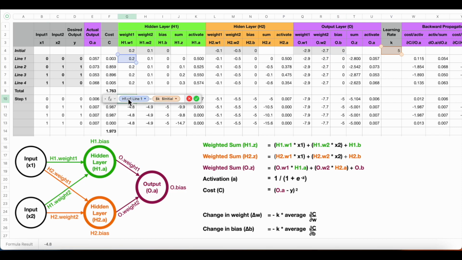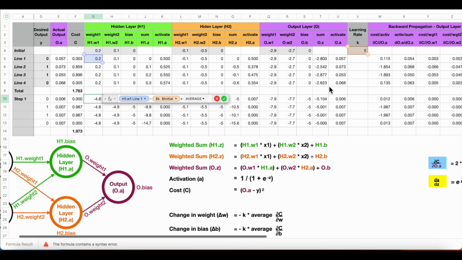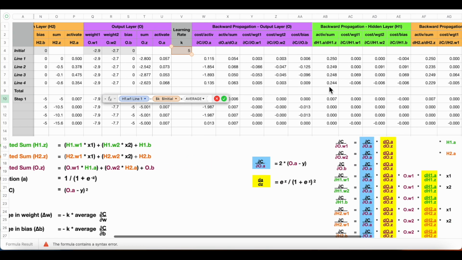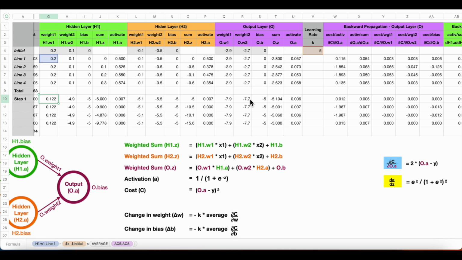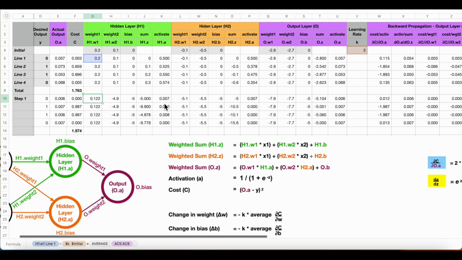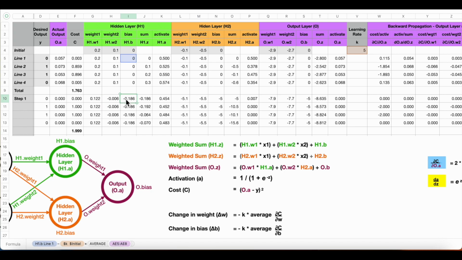And then we want to multiply it times the average of the partial derivative of cost with respect to weight 1. And I can copy and paste that for weight 2 in the bias.